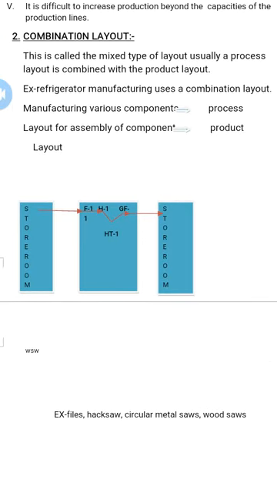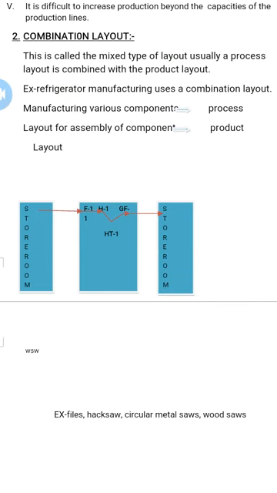So next is the combination layout. It is called combination because it is a mixed type of layout, possessing process layout as well as product layout. Usually a process layout is combined with the product layout.